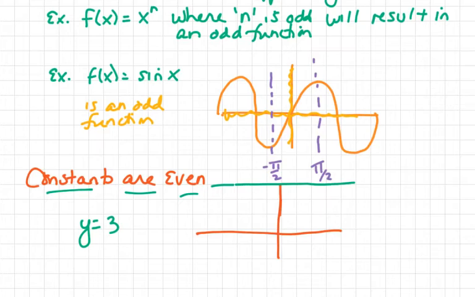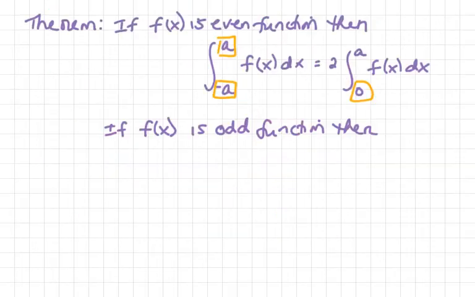What you should notice here is that we have symmetry about the origin, so the area above the x-axis is going to cancel out the area below. So the actual net area would be 0, and that's the second part of this theorem. If the function is an odd function, then as long as we're centered about 0, going from minus a to a, that integral is equal to 0. And that really is powerful.